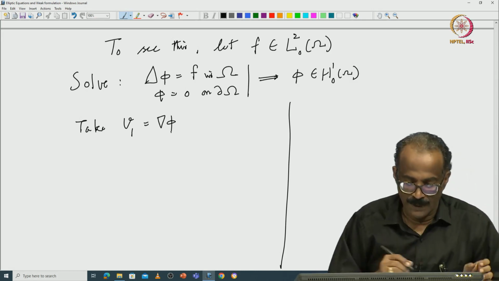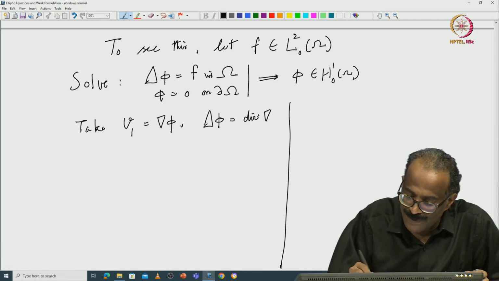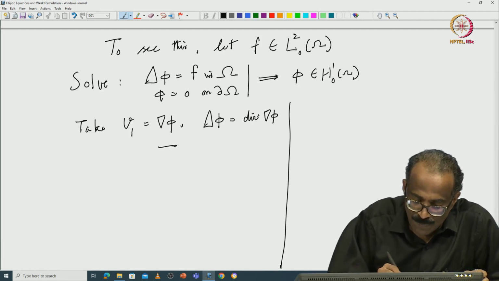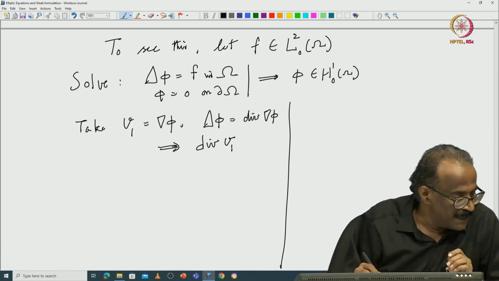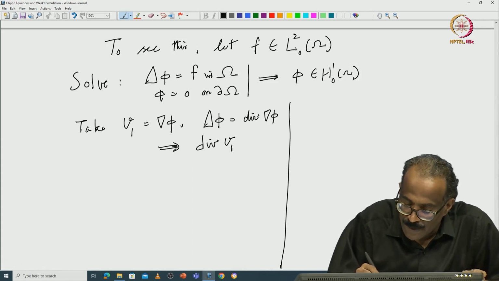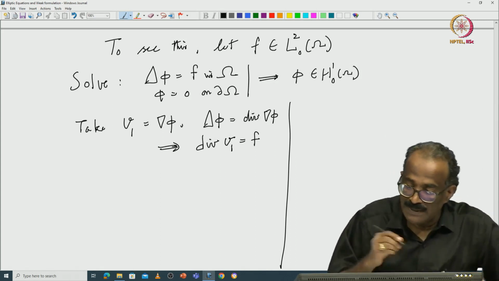Then look at it, the Laplacian of phi is equal to the divergence of grad phi. So you can always solve for V1 equal to grad phi.